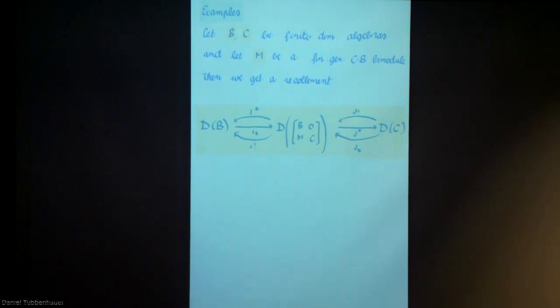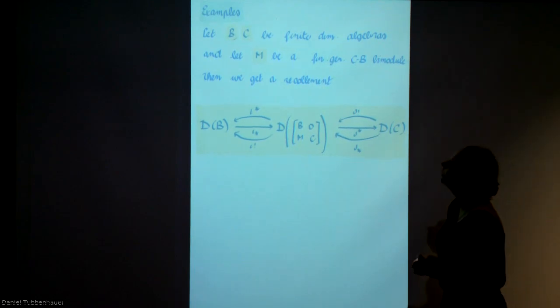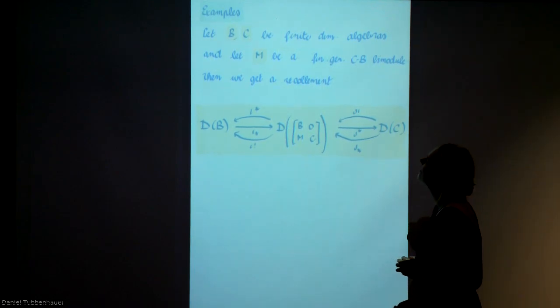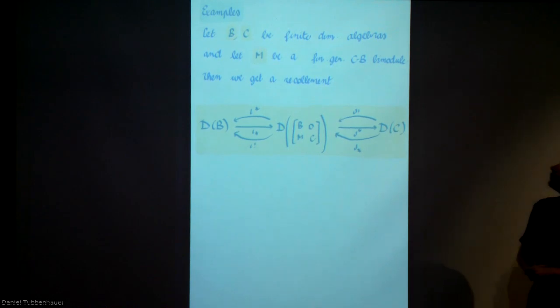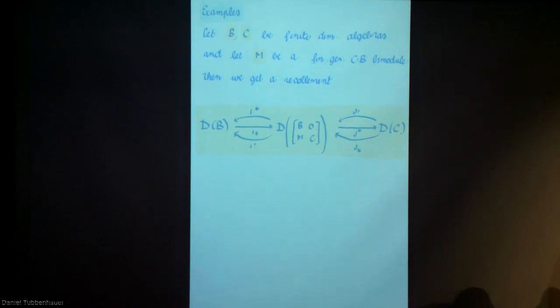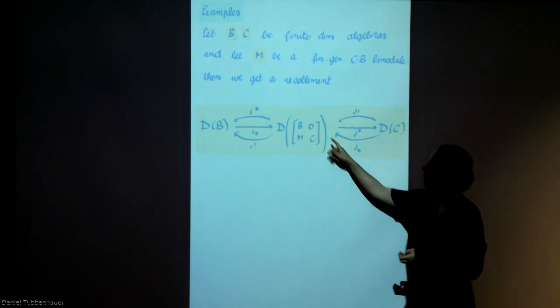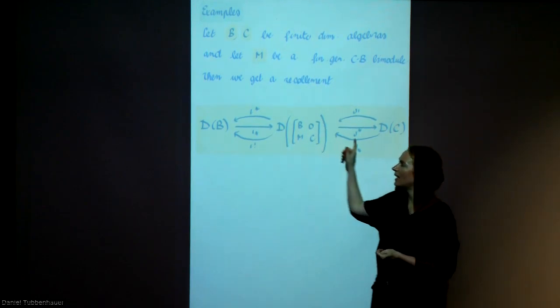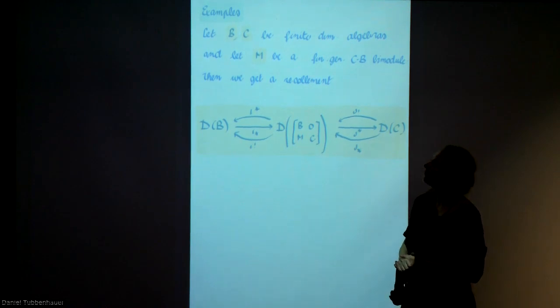Okay, so we're gonna focus on the example with the 5-dimensional algebras. Let's take two 5-dimensional algebras and glue them together in a lower triangular matrix. And then, as I said, we get this recollement.